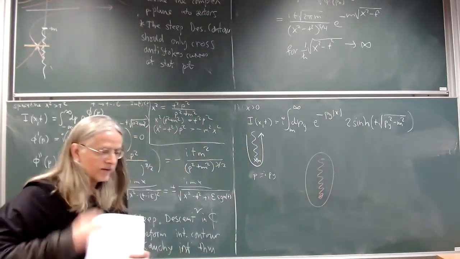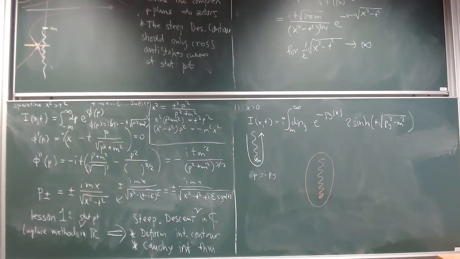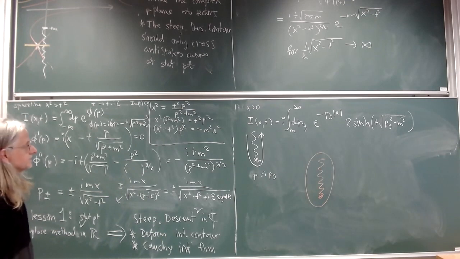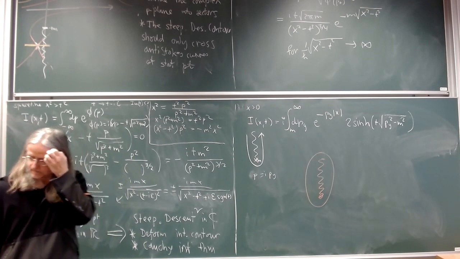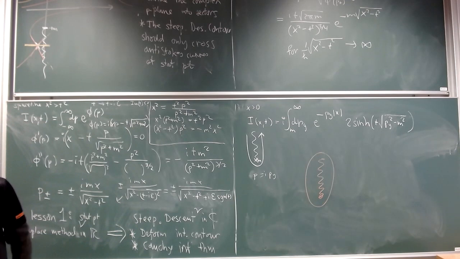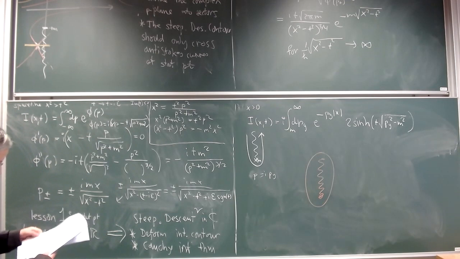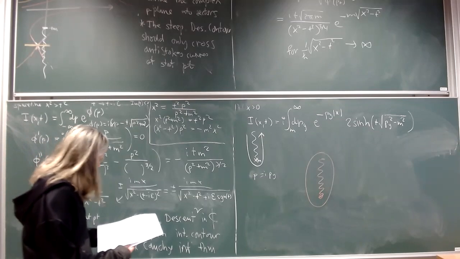Right, so it goes around like that. Interesting. And what is the real value of phi at each of these stationary points? That should be easy to compute. I probably deleted that. We take phi and we put in p plus minus.